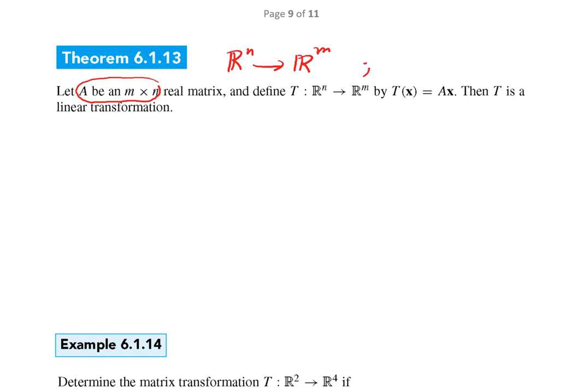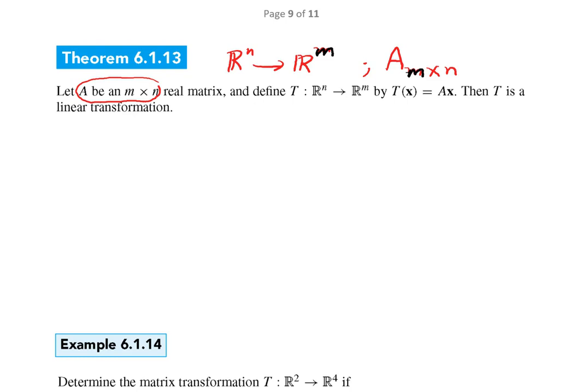This A is a matrix of size m by n. Something that you need to pay attention to, which is the following. If you notice here, we're going from R n to R m, and the matrices start with m rows. So n to m, the matrix will be m by n. Kind of like you switch the letters right here. Something that you need to pay attention to.